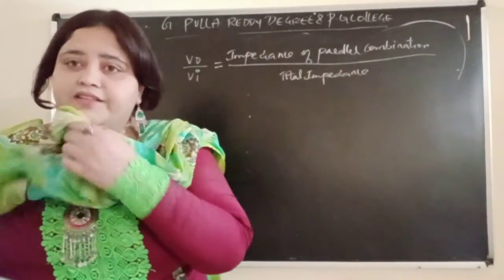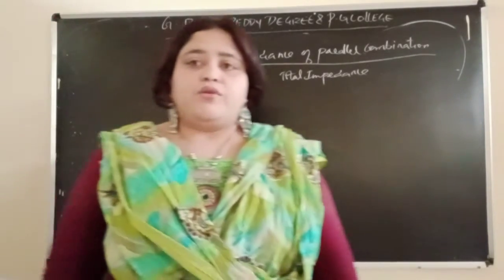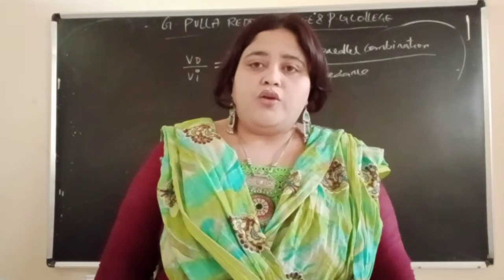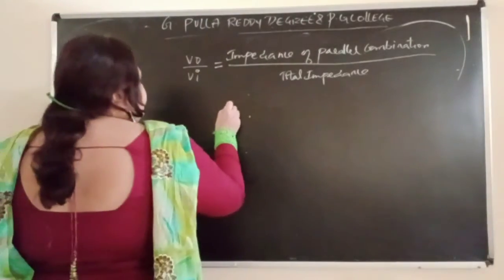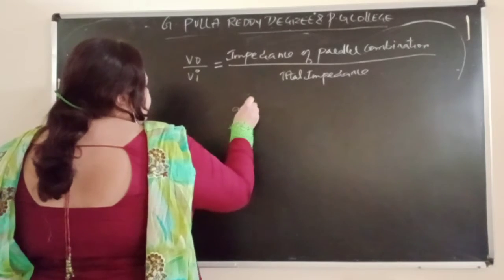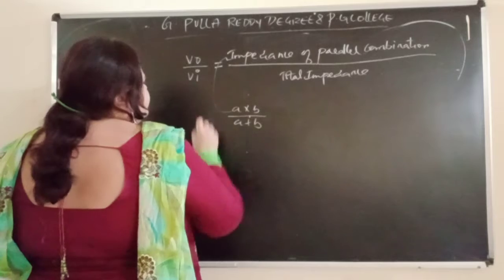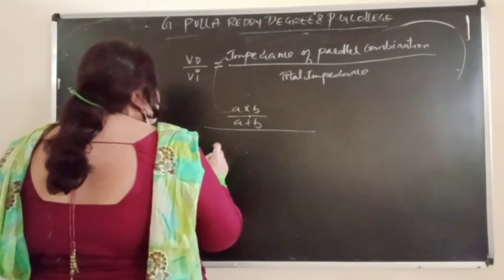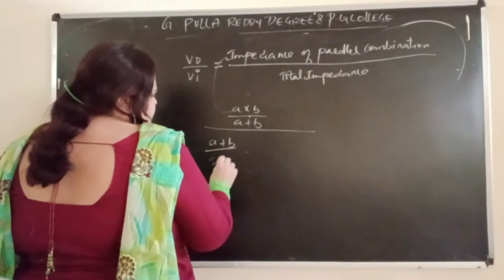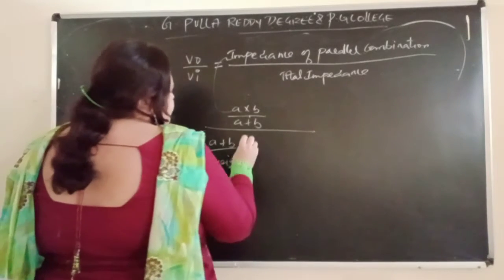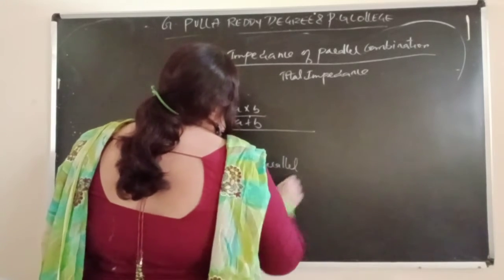After writing this formula, you have to see how to write the parallel combination impedance. Let us say A and B: A into B by A plus B. This is divided by the total impedance, which means the A plus B series combination plus the parallel combination of both arms.